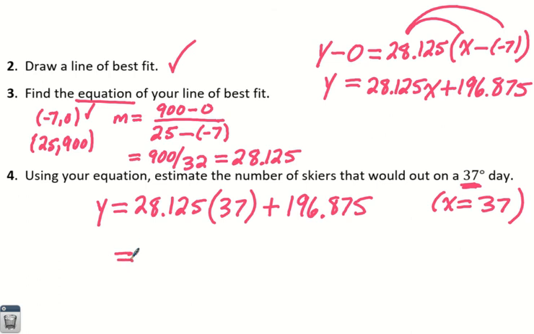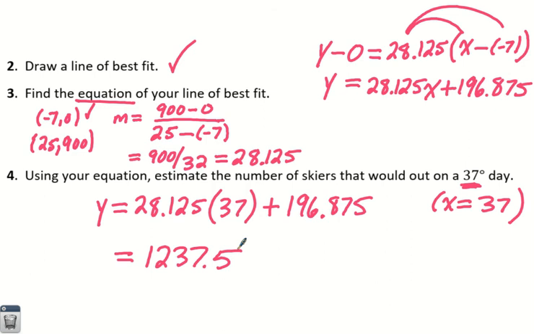That would be about 1,237.5, so 1,237 and a half skiers. You can't have half a skier. But again, do you round? What's your answer? Sometimes you're just choosing the best multiple choice answer.